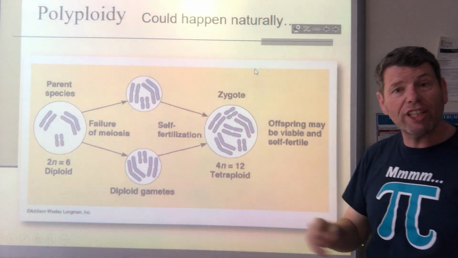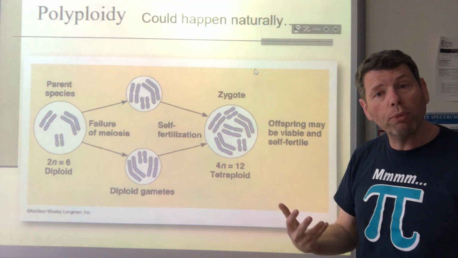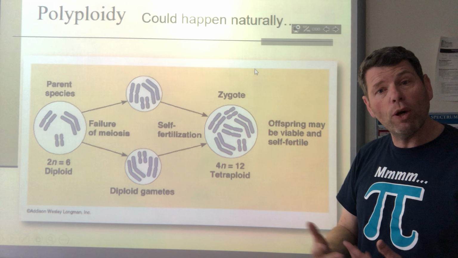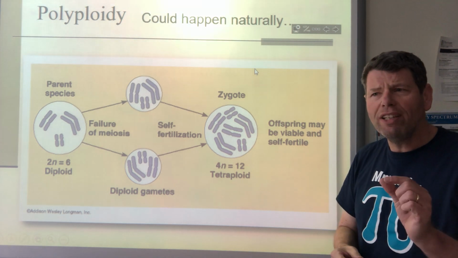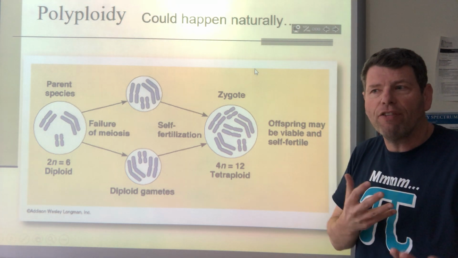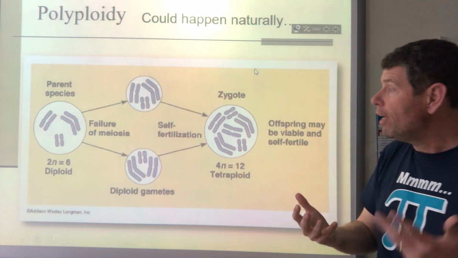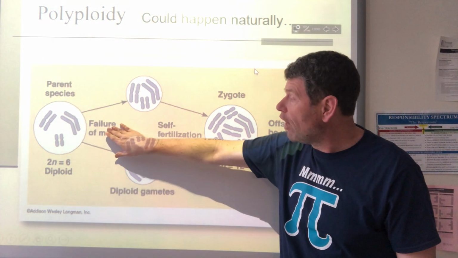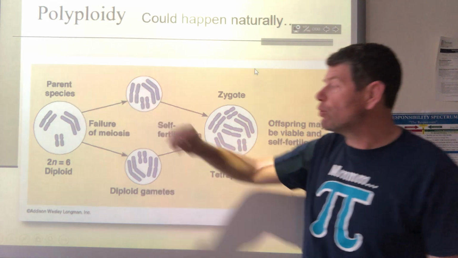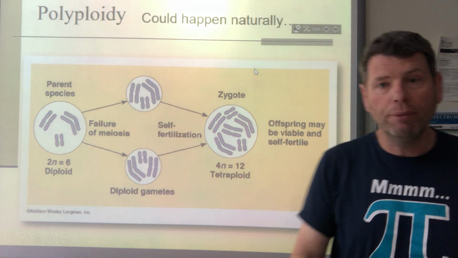Now, how does it actually come about that you would become polyploid? Well, it's abnormal meiosis, but it's not just one chromosome that's left behind or an extra chromosome. It's actually failure of meiosis so that none of the chromosomes are split.